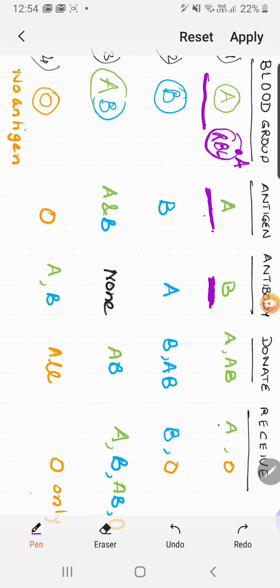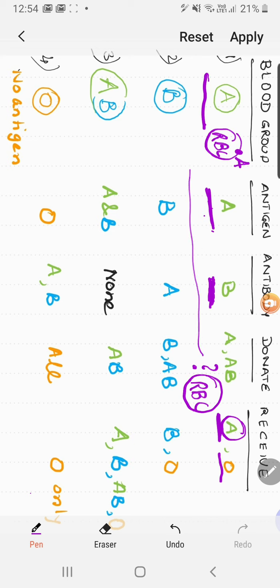Blood group A can receive from exactly antigen A, because this is the antigen the body identifies, but along with it, O. What is the reason for accepting O? Children, O has an RBC which does not contain any antigen over its surface.